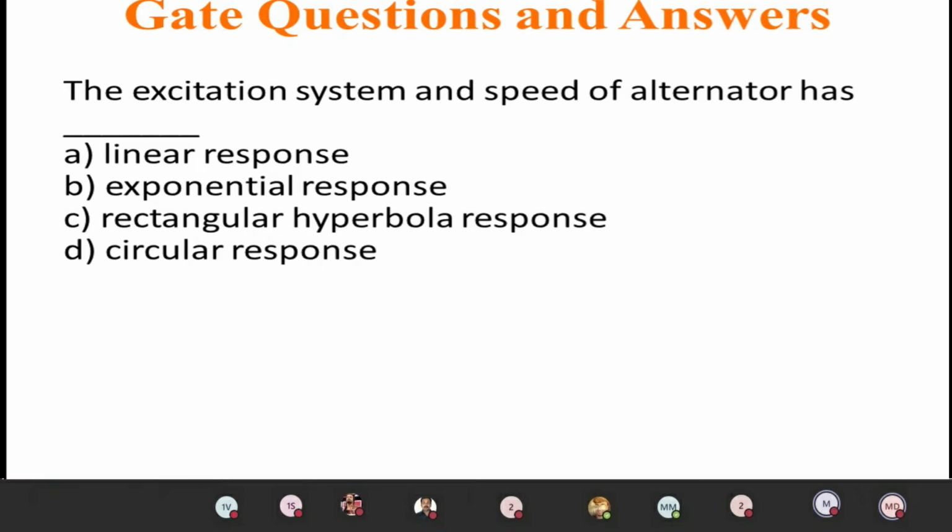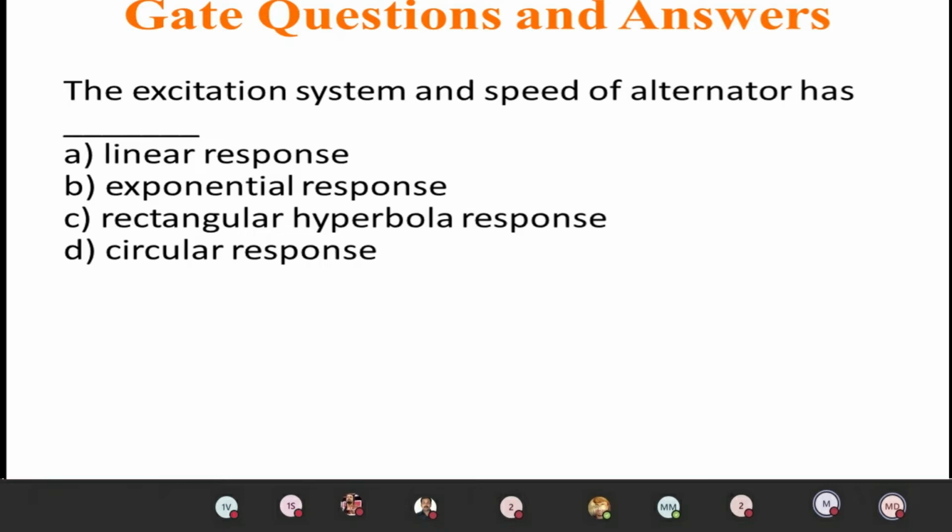Let me take the initial condition: the alternator has nearly zero voltage, but it has some voltage due to residual magnetism present in the alternator. In which place is the residual magnetism stored?